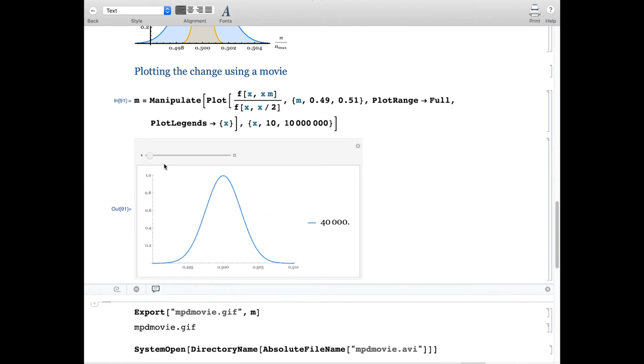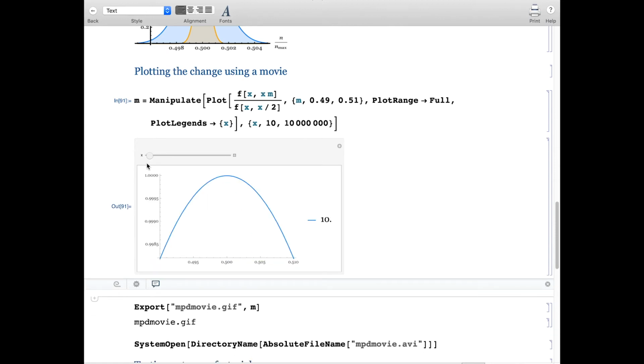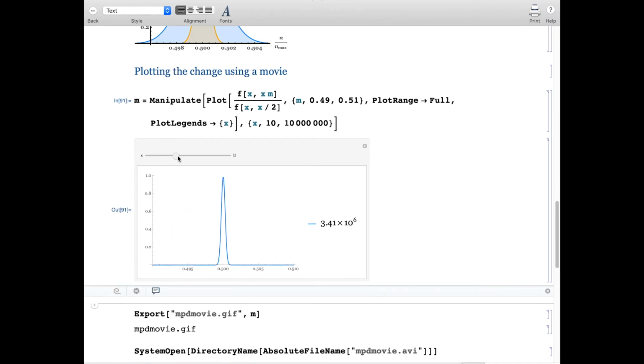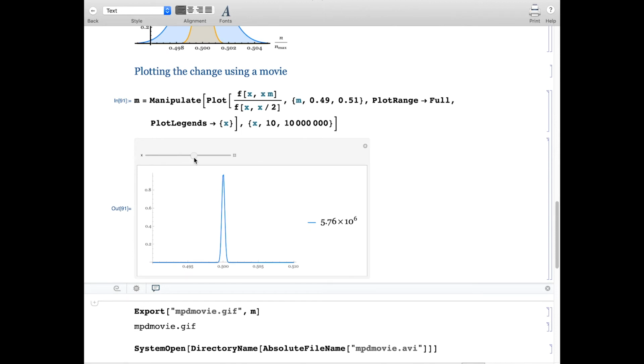You see it is getting sharper as I increase my x, the percentage deviation, or rather fractional deviation is x. As I increase my x, that means I am deviating from 0.5 and I am getting a sharper and sharper distribution.